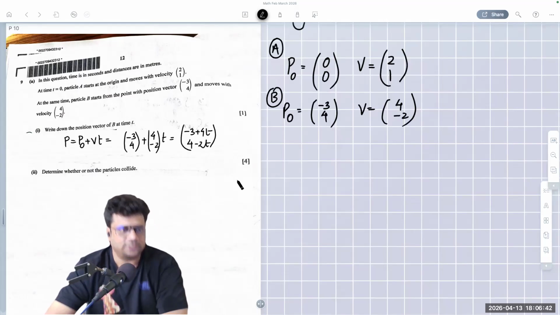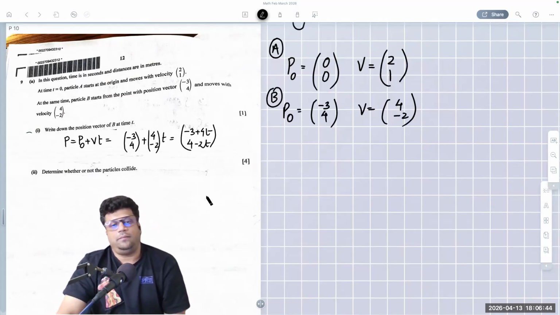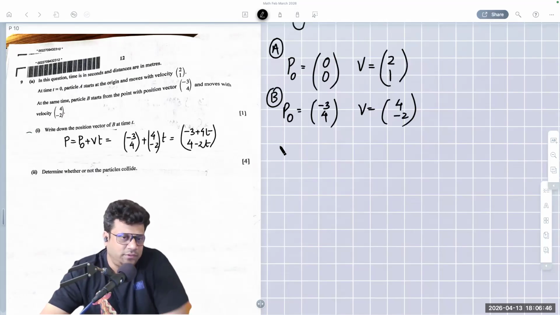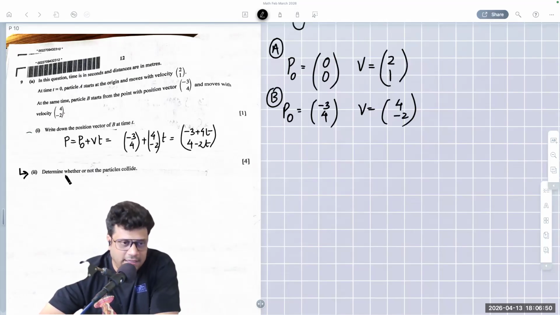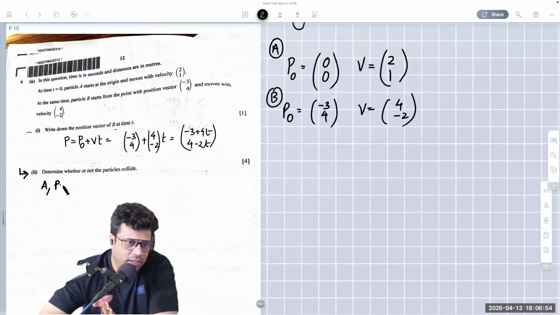That is your position vector for B. Let's also find the position vector of A at time t. For A, P equals P naught plus Vt. So that's (0, 0) plus (2, 1)t, so that's 2t and t.